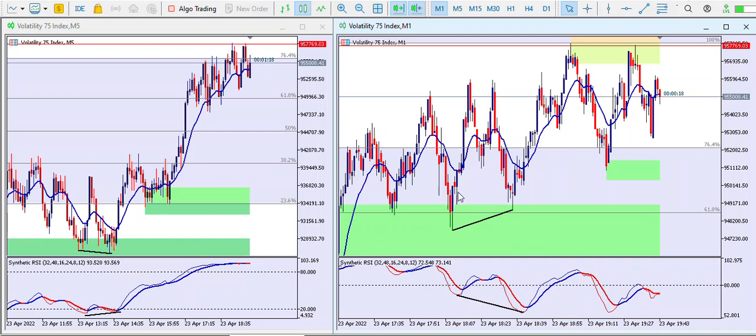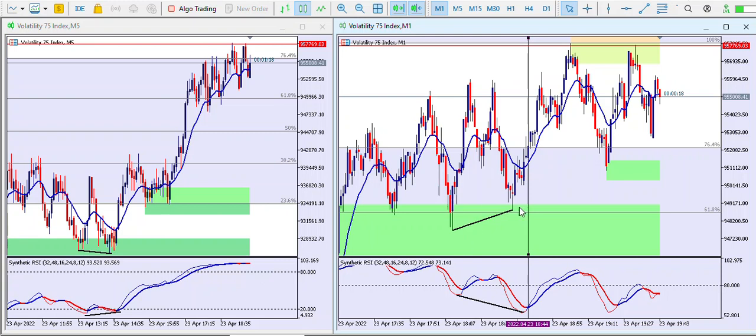So at this point you wait for the indicator to change from red to blue. As soon as that happens, at this point where the lines are crossing each other, you take your entry and target the previous highs as your profit level.